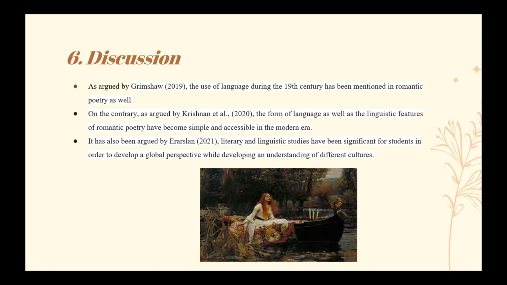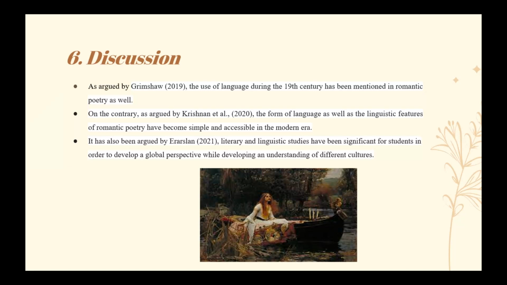The sixth part is about discussion. The use of the language during the 19th century had been mentioned in the Romantic poems as well. On the contrary, the form of the language as well as the linguistic features of Romantic poetry have become simple and accessible in the modern era.